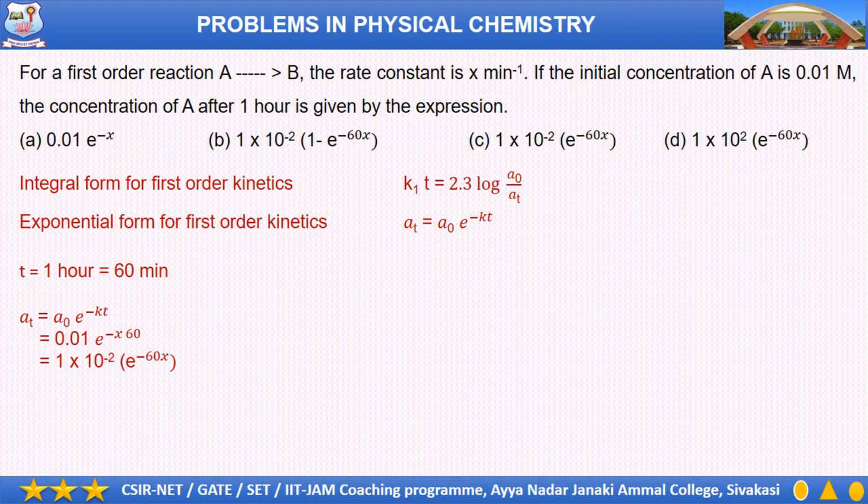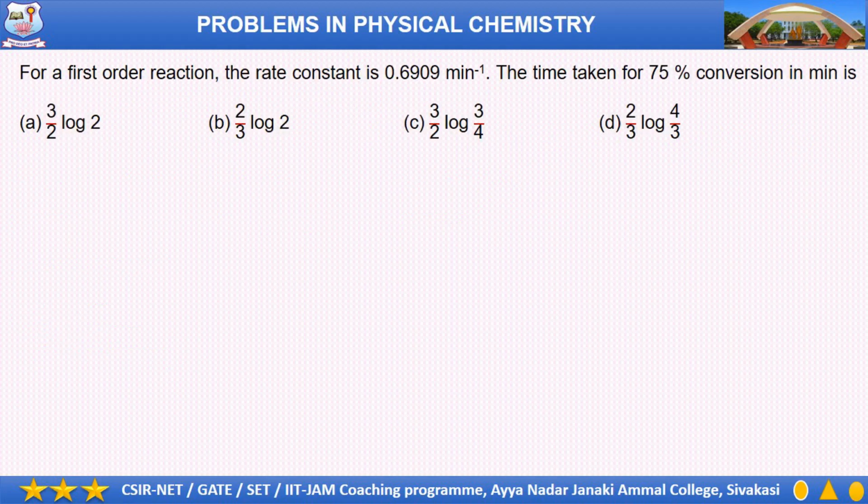AT is equal to A0 into e power minus Kt, an exponential form equation. Therefore, whether you have to take the logarithmic form or the exponential form, see in which form the answer is given. Accordingly, you choose your formula, substitute and find out the answer. Can you now find out the answer for this? Okay, shall we go to the next type of problem?